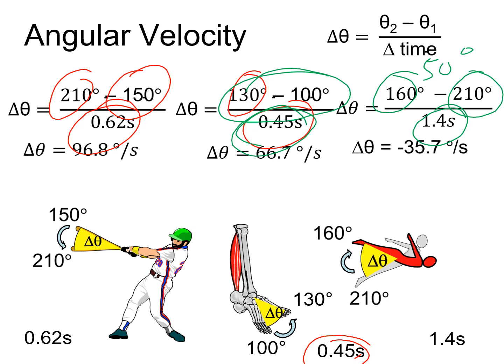That was negative 50 degrees. Okay, so if we divide a negative number by a positive number, we have unequal signs, so we'll have a negative value here. So they performed this movement with an average velocity of negative 35.7 degrees per second.